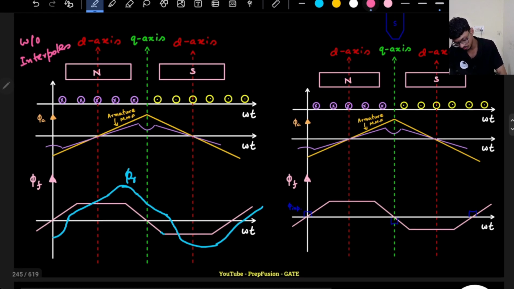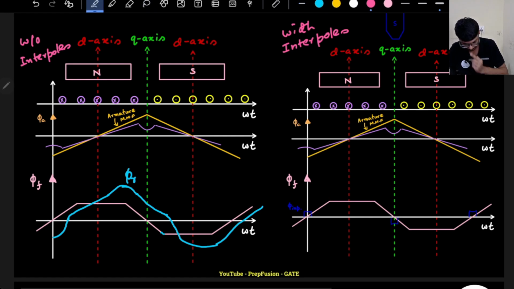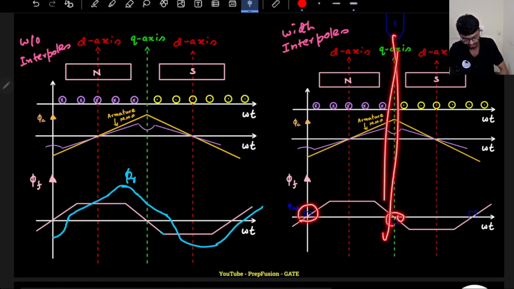Now with interpoles, what will happen? With interpoles, extra additional flux will be generated along the q axis. So this is the q axis. This will be opposite to the armature flux, right?